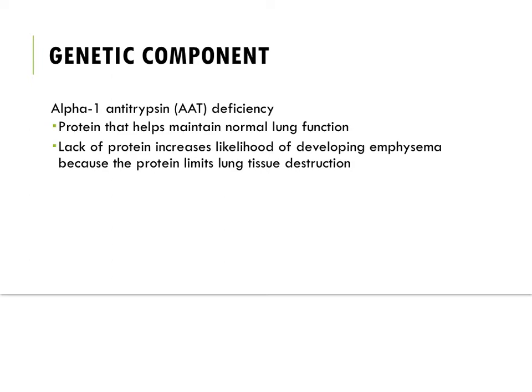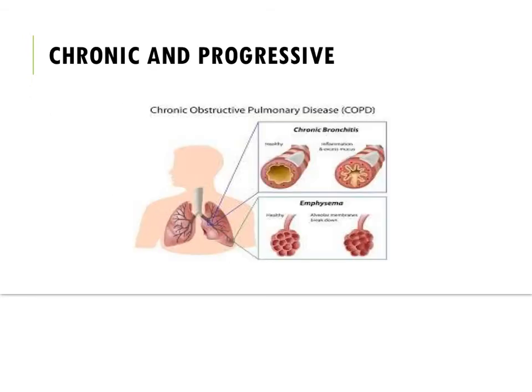So, this particular protein helps maintain normal lung function, and if a patient has a deficiency of it, they're more likely to develop signs and symptoms of emphysema, because that particular protein actually limits lung tissue destruction. But it is not very prominent or prevalent in those individuals who actually end up with COPD.